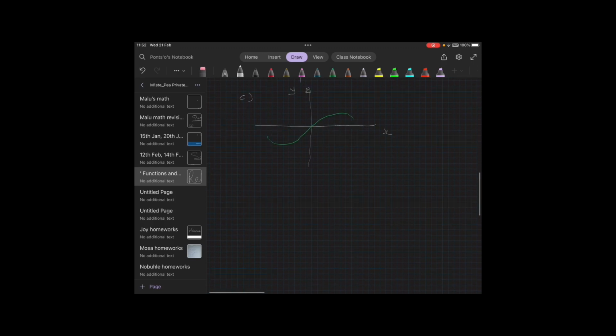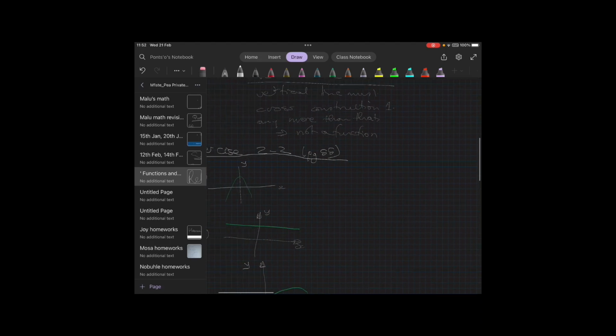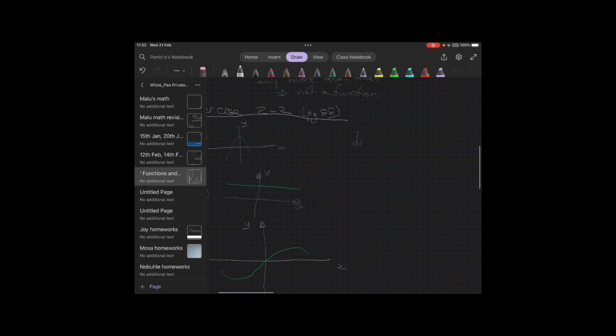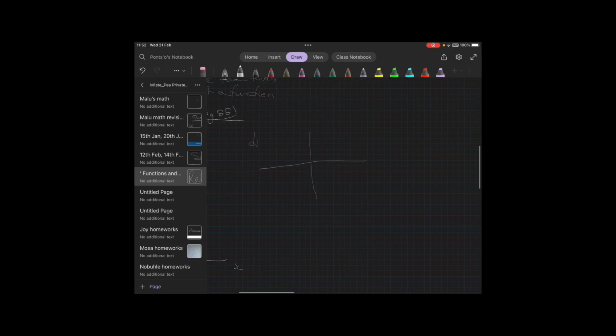Okay. Then D is like this. Ooh, I like D already because it's going to challenge whatever it is that we're thinking so far based on what we know.